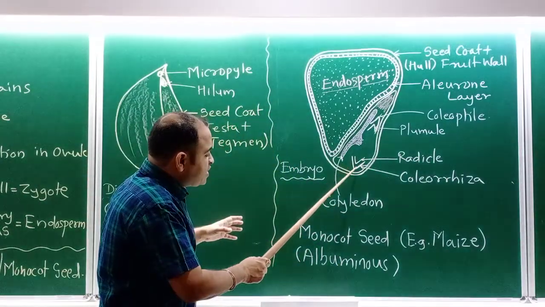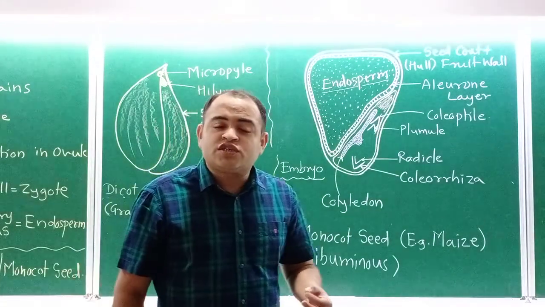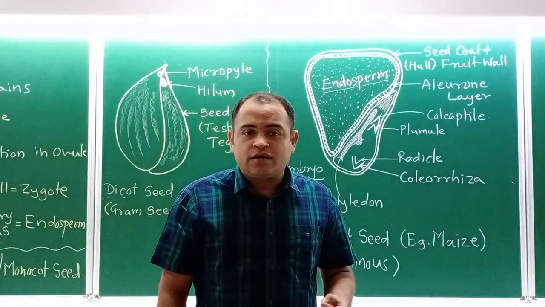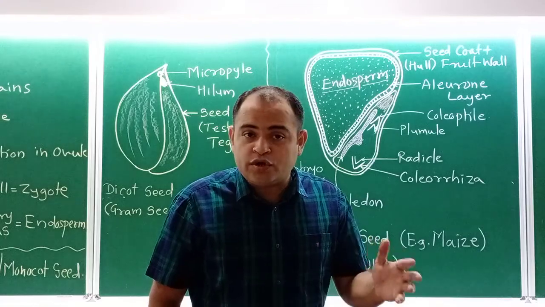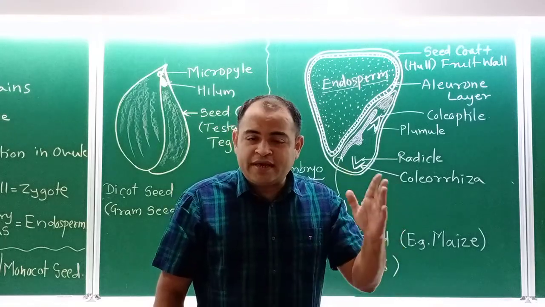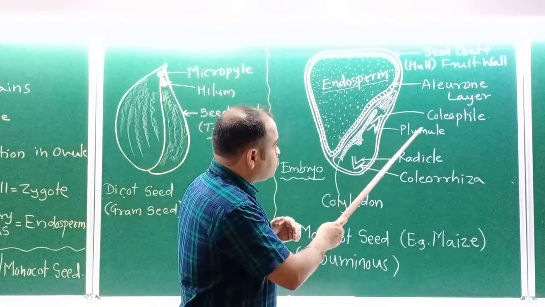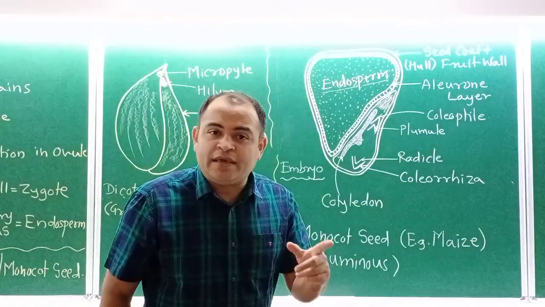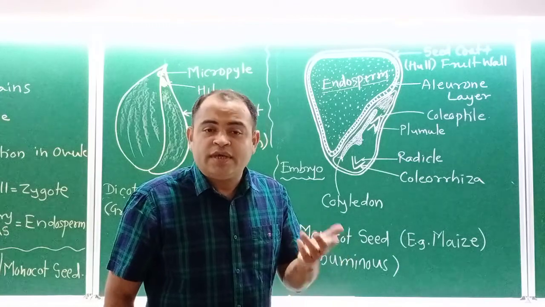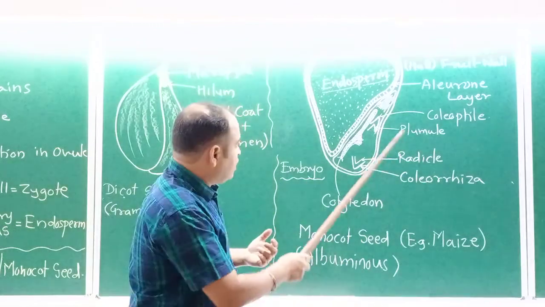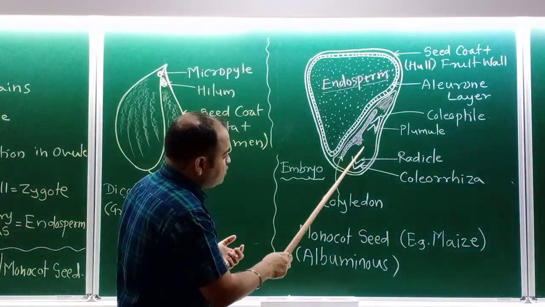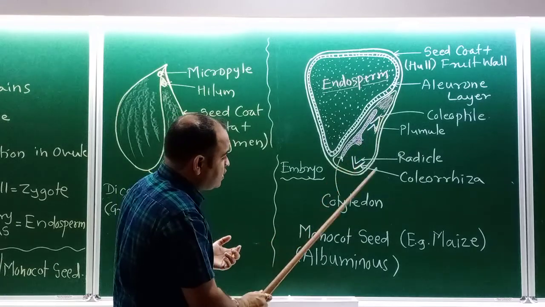The layer present above the radicle is coleorhiza. Rhizoids, root, rhiza, coleorhiza. Easy to remember: radicle, coleorhiza, R; plumule, coleoptile, P. Coleoptile, plumule, that is the shoot system. This is plumule, this is radicle, this is coleoptile, this is coleorhiza.